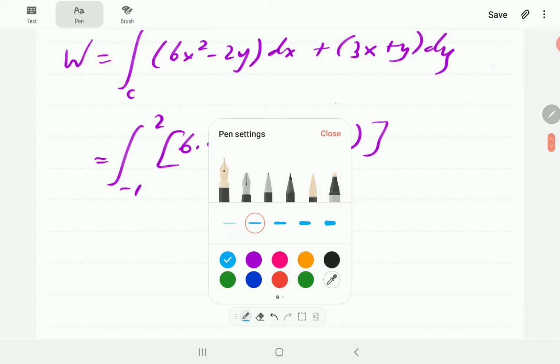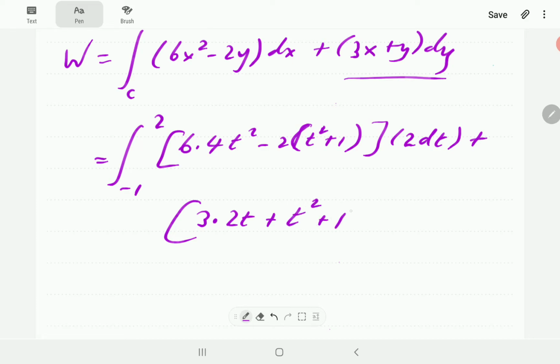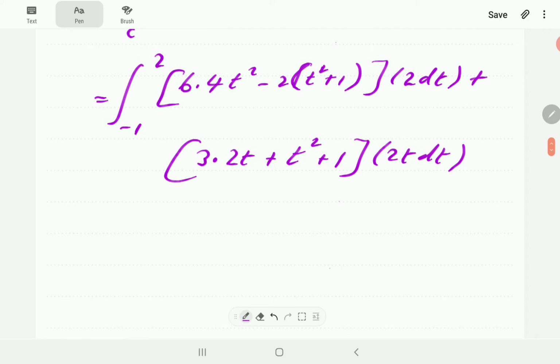So this dx here is going to be 2 dt. Then we go to the dy term. So 3x is going to be 3 times 2t, plus y, which is just t squared plus 1. Then dy is 2t dt. And then all you need to do here is to simplify.